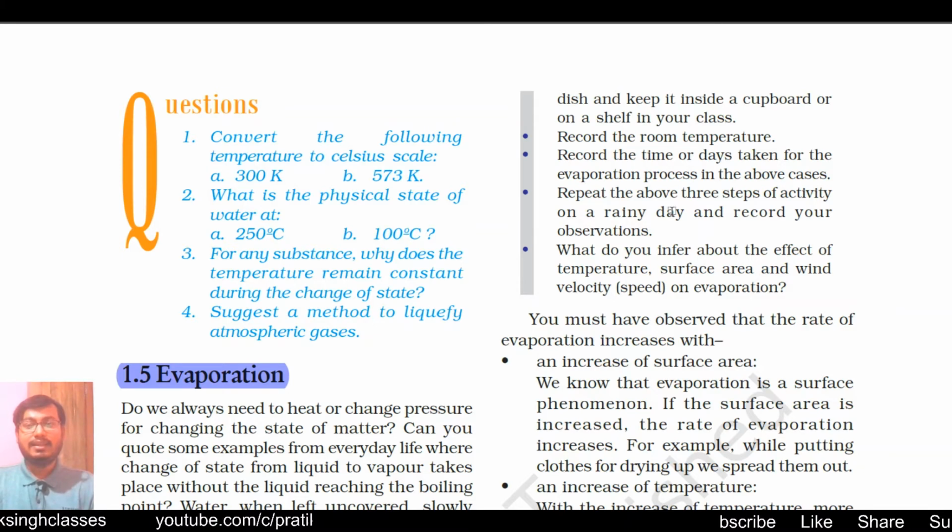Then the second one is the test tube. When the test tube was kept near the window or under the fan, with its mouth open, water has evaporated but less than in the open china dish. And the third one, when the china dish was kept inside the cupboard, because there was no flow of air, it has taken a long time for all the water to get evaporated.